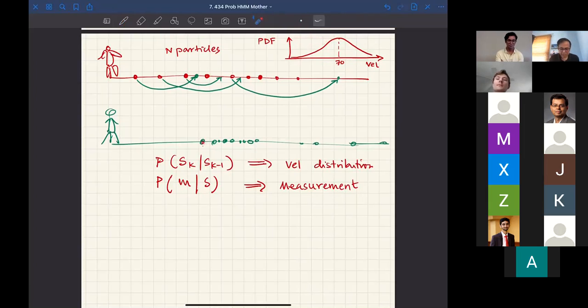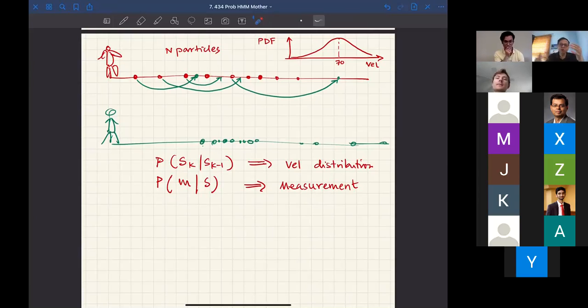And the particle whose location agrees well with the measurement also gets an additional weight. So some particles get a higher weight, some particles get lower weight. So this is a particle with high weight, maybe high weight, and these particles are with lower weight, and the later particles are with lower and lower weight.